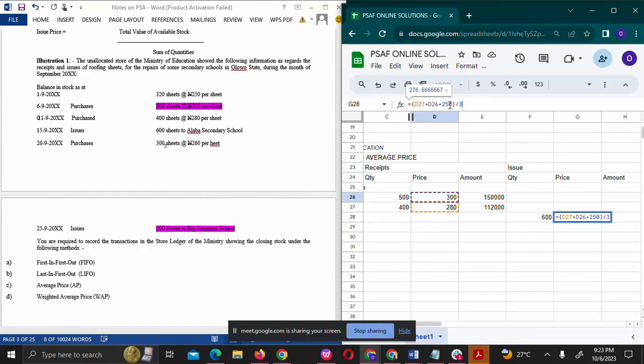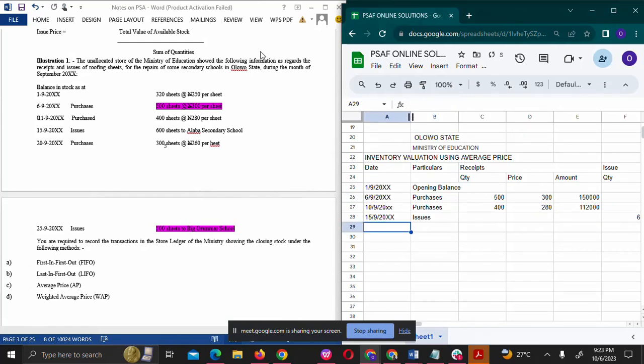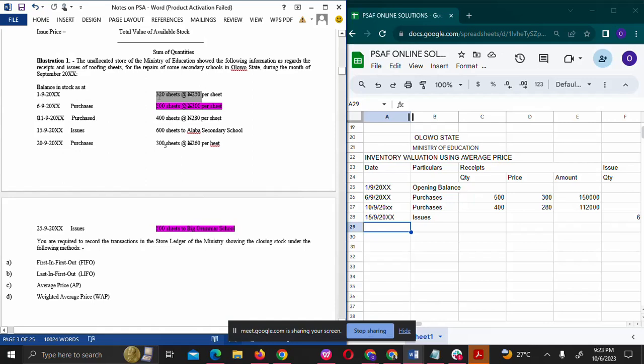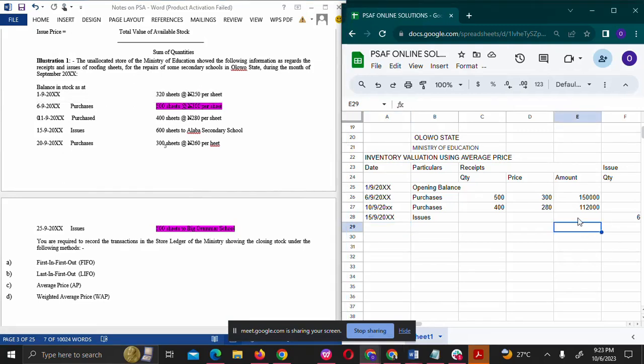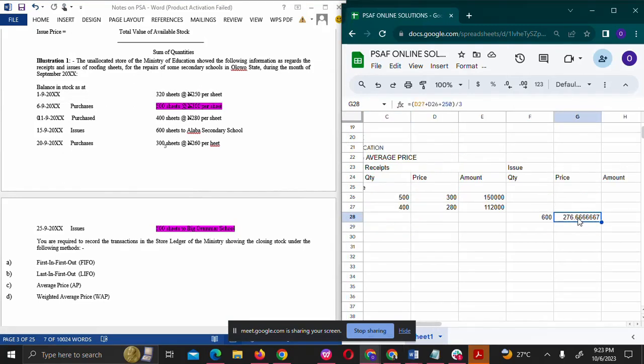I can't see where you're getting 250 from. I can only see 300 and 280 at the receipt side. Yeah, this is the 250 I'm getting. The opening balance was valued at 250 naira. Do you understand? Yes, sir.